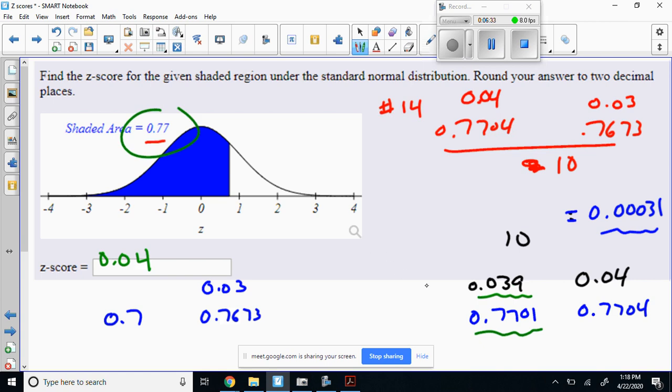And if I wanted to look at 0.038, then I would take that 0.7701 minus 0.00031, and that would give me 0.7698. So I could step it back to find exactly the area of 0.77, which, okay, the answer is 0.04, right?